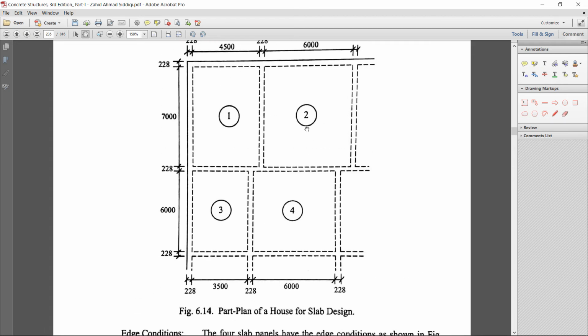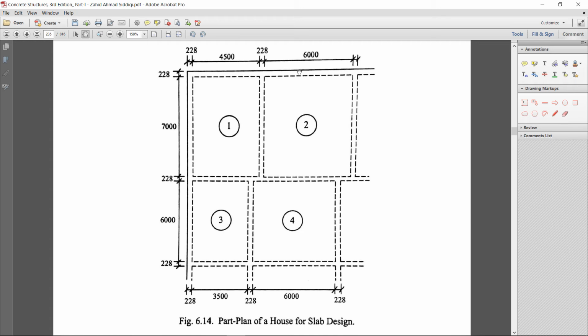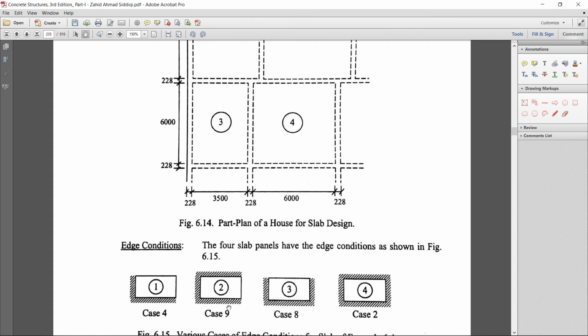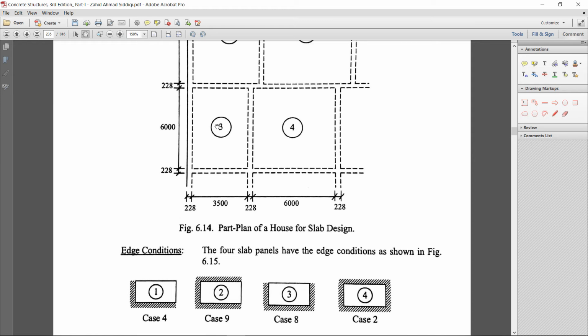In the second, one edge is discontinuous and three edges are continuous. In the third, one edge is again discontinuous and three edges are continuous. So we will pick that case. And the fourth is when all the edges are continuous.